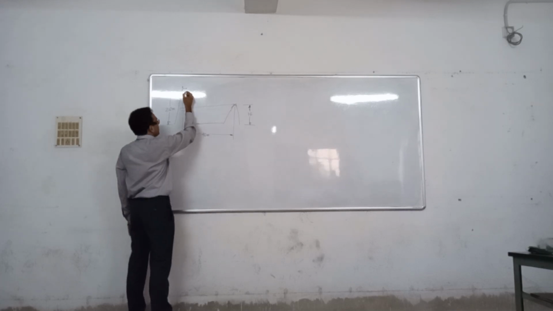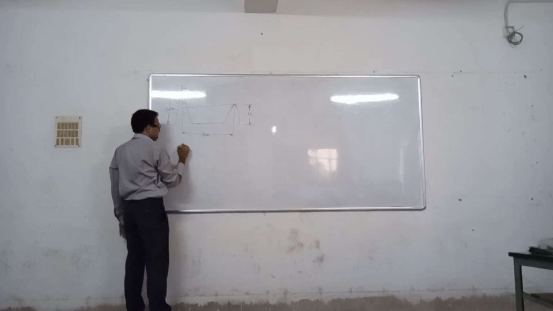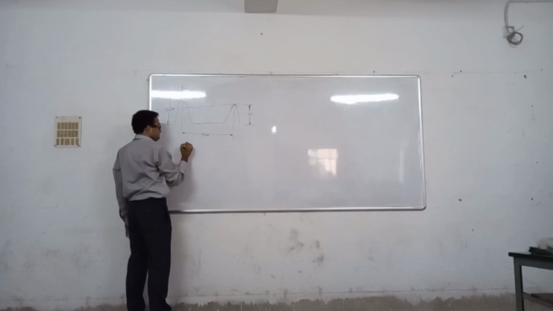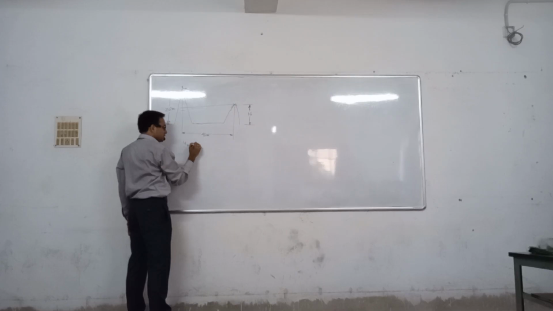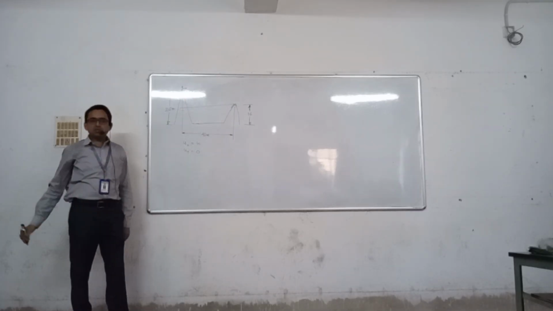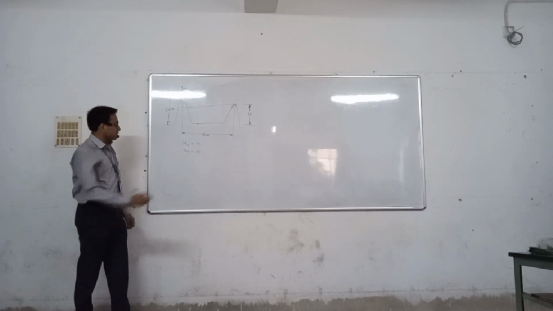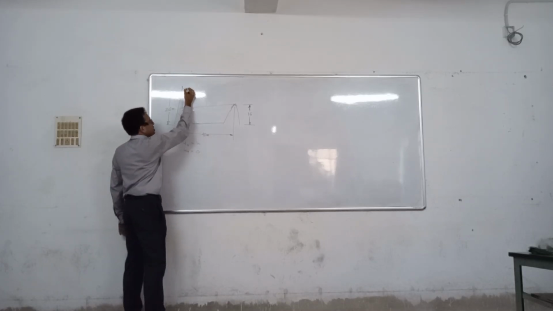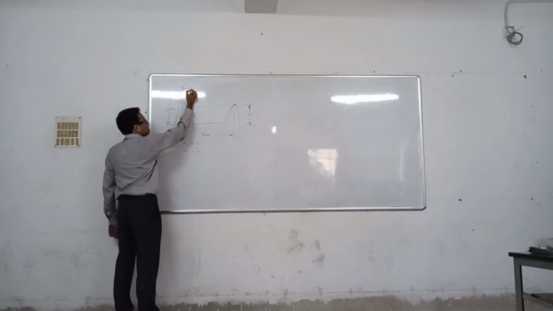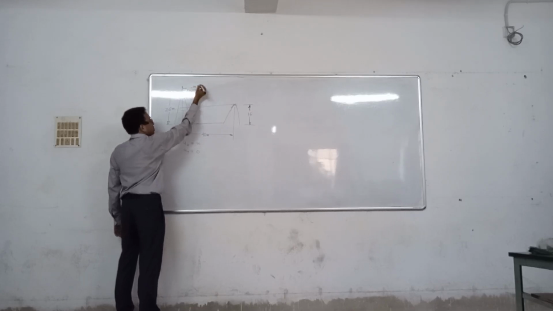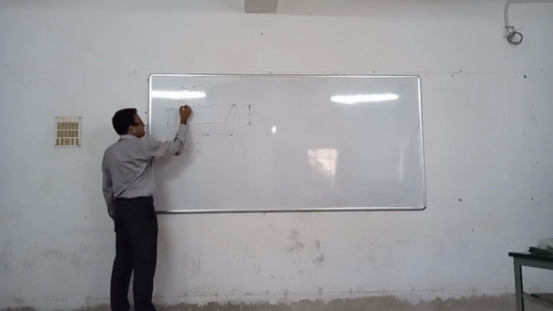So this height is 10 meters. If I write in terms of y, what is the initial velocity? Ux is equal to u and uy is equal to 0. Initial downward velocity is 0, right? Since it is being projected horizontally, the initial vertical component of velocity uy was 0 and ux was simply u. Now this distance is minus 10 meters.